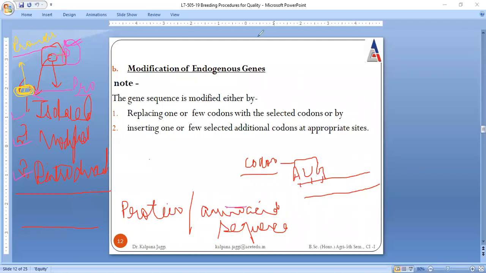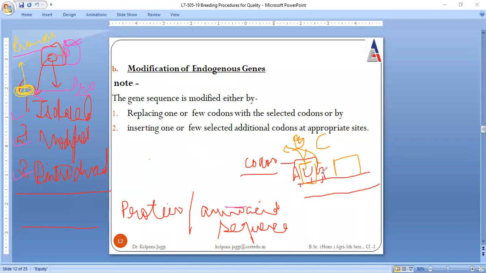Modification can be done either by replacing one or a few codons, or, if you don't want to replace, a base can be removed and instead of it another additional base can be added.